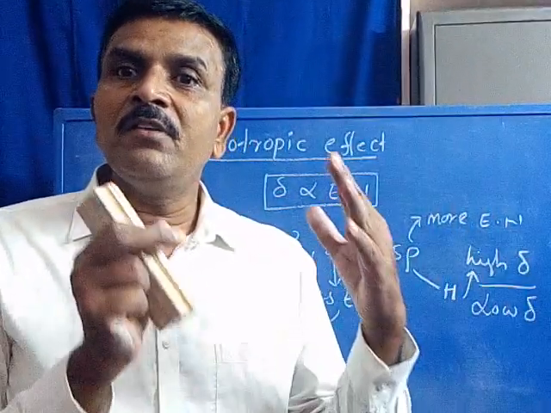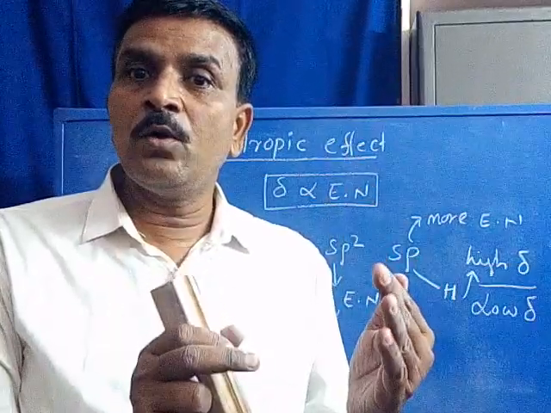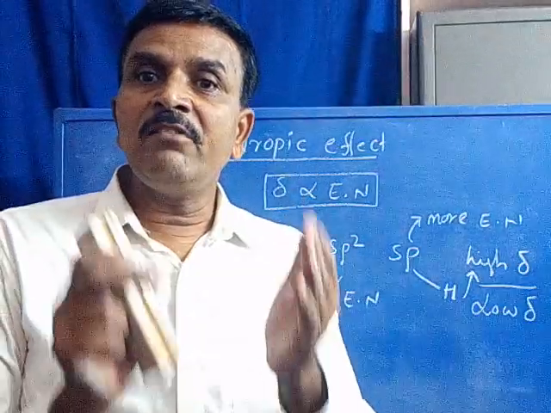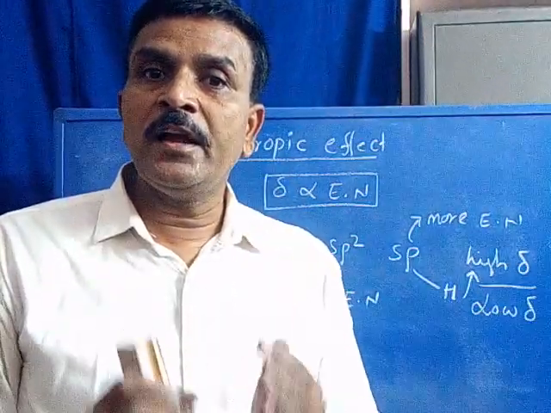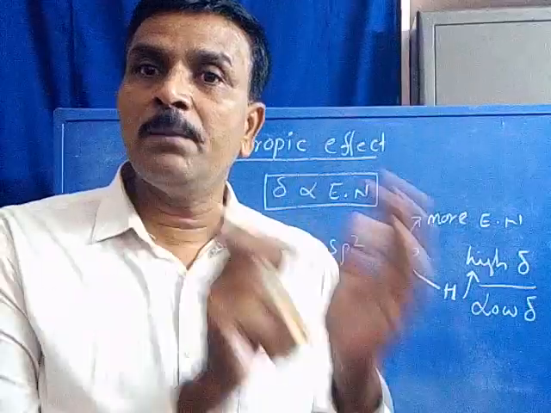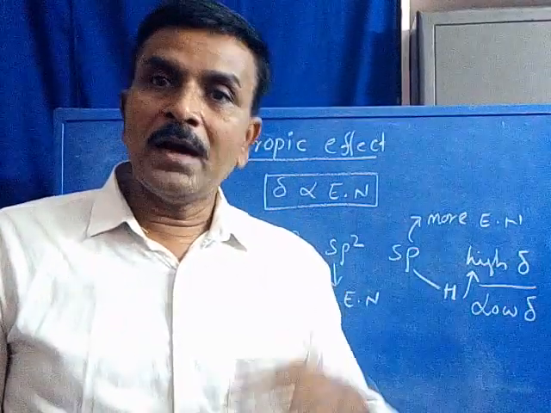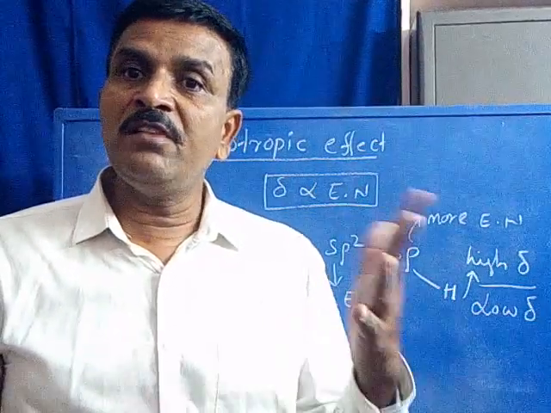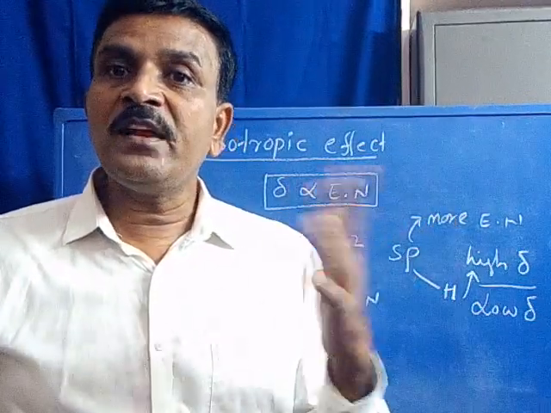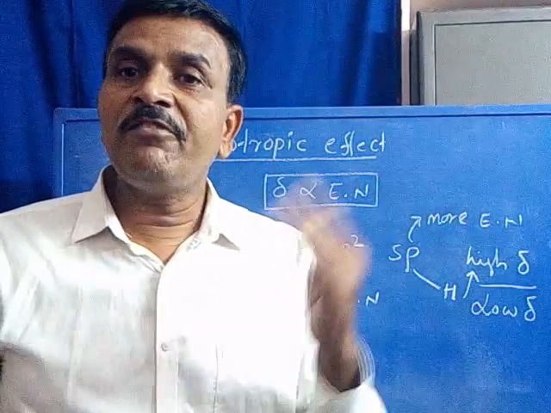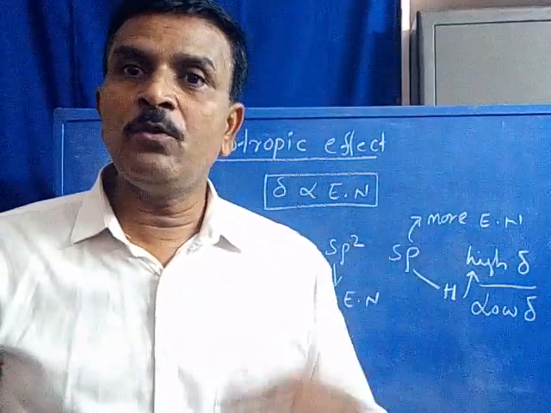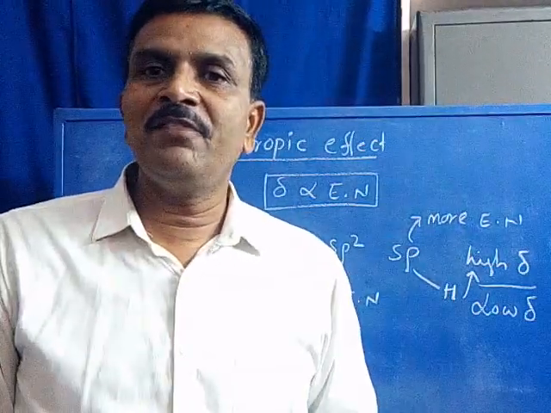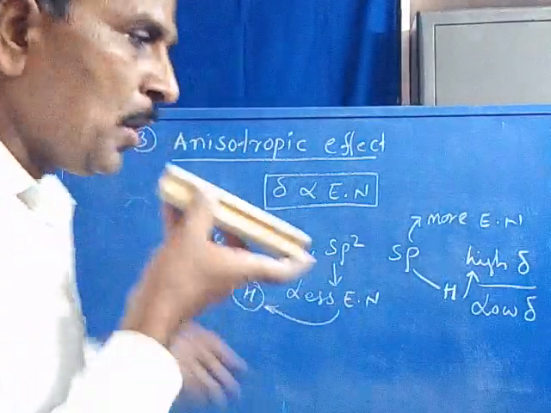The delta value of protons of saturated hydrocarbons depends only upon electronegativity, whereas the delta values of protons of unsaturated and aromatic hydrocarbons depend upon the anisotropic effect, where aniso means different and tropic stands for orientation. The effect is different in different orientations, hence it is called the anisotropic effect. Let us discuss the effect in different types of compounds.